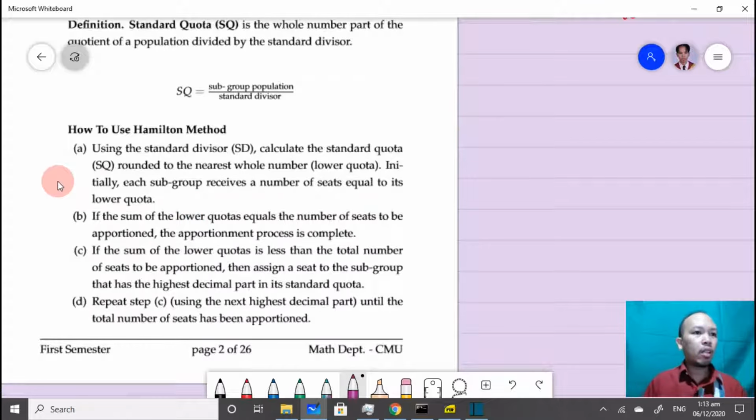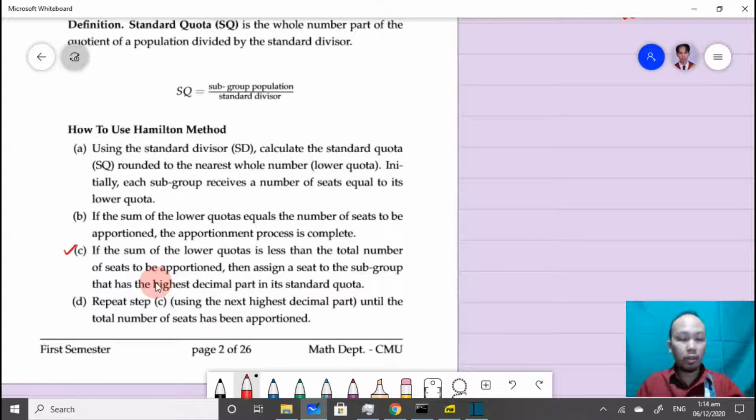The important thing here is this letter C. If the sum of the lower quotas is less than the total number of seats to be apportioned, then you assign a seat to the subgroup that has the highest decimal part.